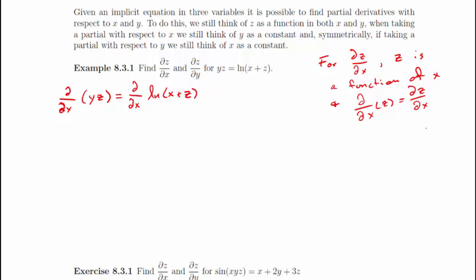Now we can't write just z prime anymore because z prime, we don't know if that means with respect to x or y, so we need to be using Leibniz notation in this case. But y is thought of as a constant. It is a constant for our purposes here.